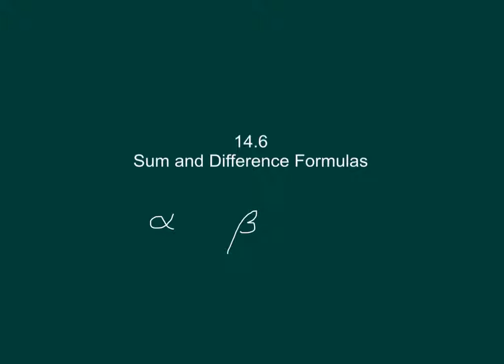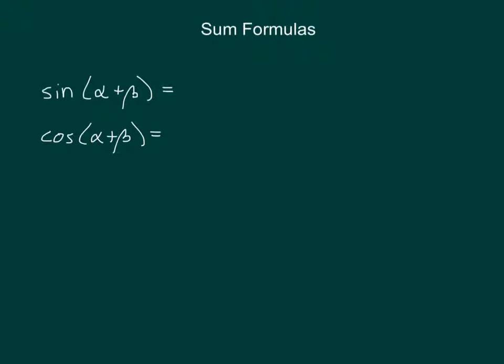So the sum formulas. Again, we're only going to talk about sine and cosine. The sine of alpha plus beta is sine of alpha cosine of beta plus sine of beta cosine of alpha.